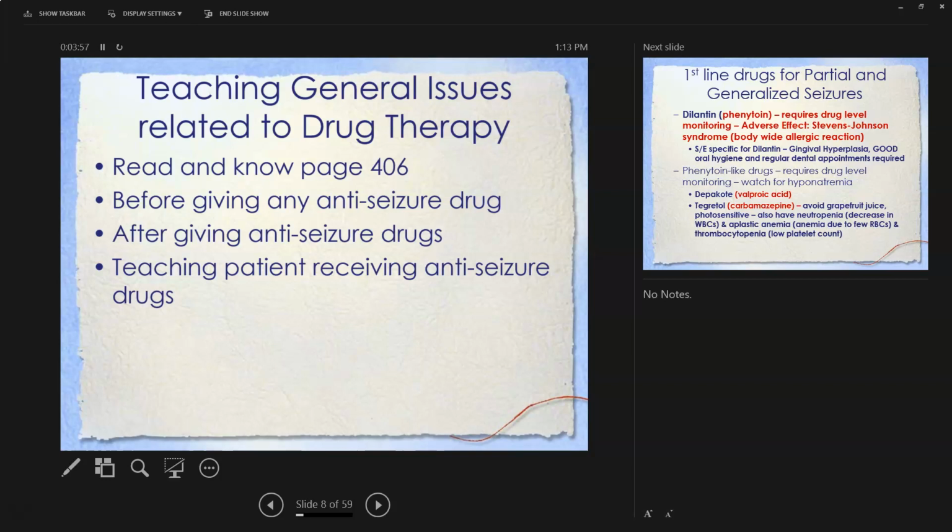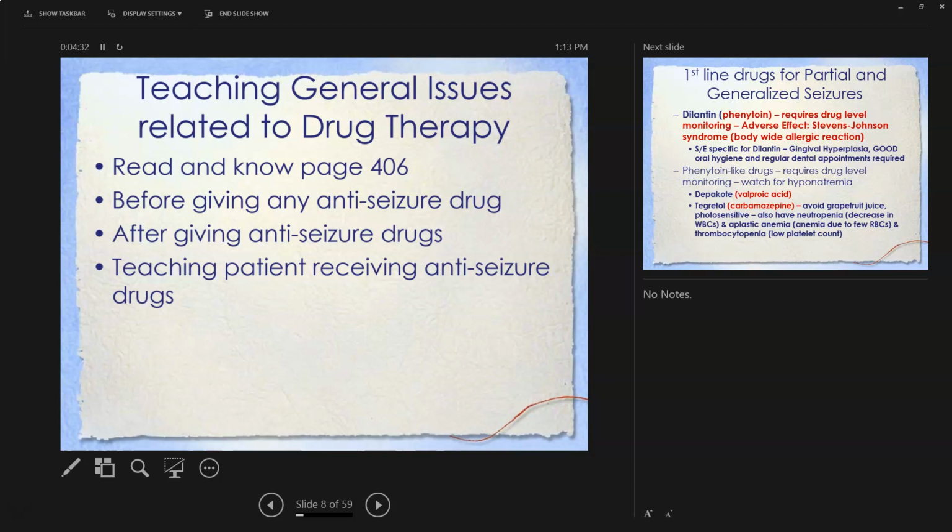You need to know what to do before giving any anti-seizure drug, after giving the drug, and any teaching you need to do. Certainly before you give the drug, you need to have a complete list of their meds, and especially phenytoin, because that can interact with many drugs. After giving a med, you need to check their level of consciousness, their vital signs, and whether they're dizzy.